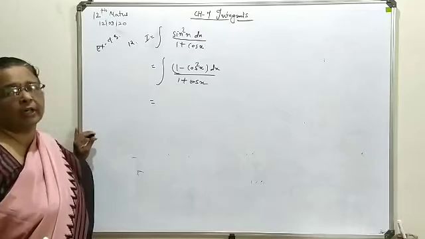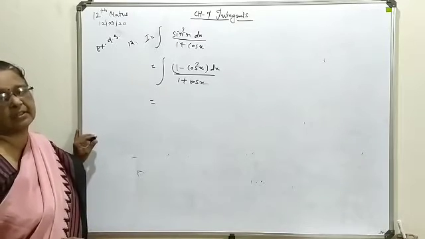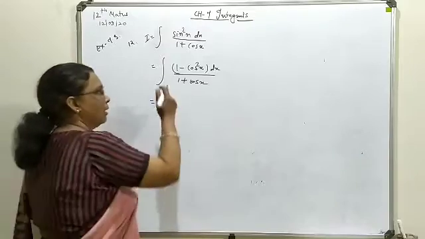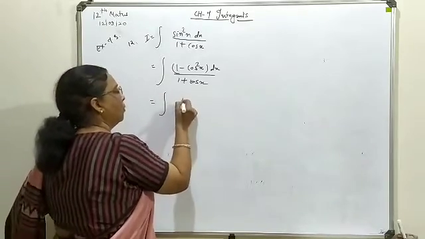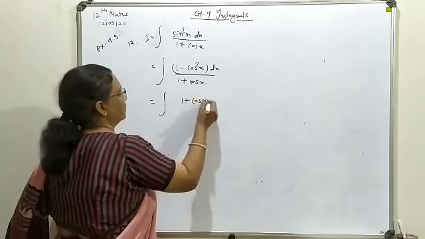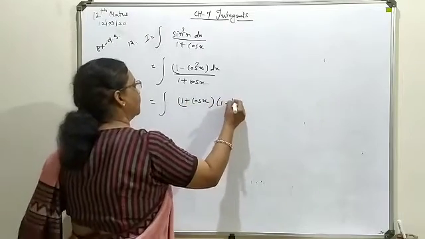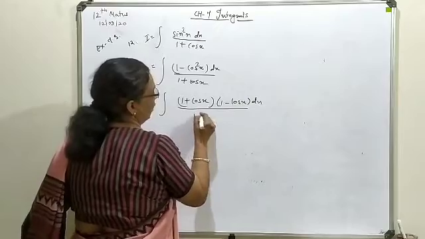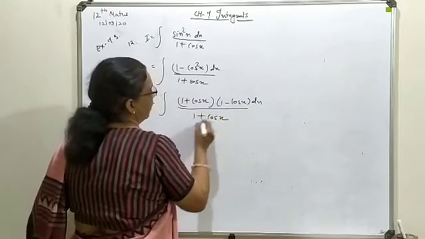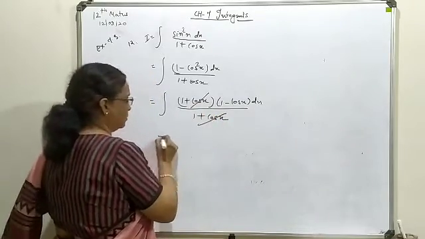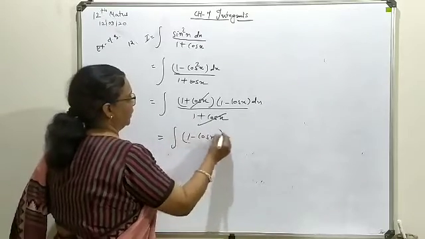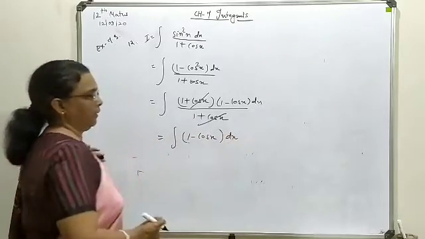Now 1 minus cos square x splits as a formula using the a square minus b square identity. So this will be 1 plus cos of x times 1 minus cos of x, over 1 plus cos of x. These two are cut. Now here you will be left with one linear combination only, that is 1 minus cos of x.